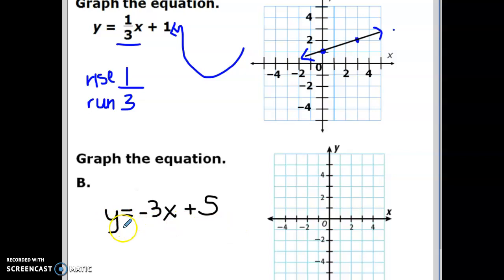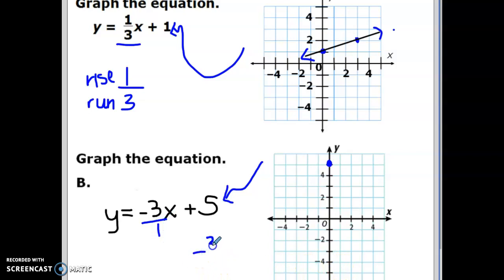Okay, next we have one where we have y equals negative 3x plus 5, and we're going to start here at the y-intercept, which is positive 5. So we go to the y-axis and put a dot at positive 5. And then I look at the slope and it looks kind of weird because it's not a fraction. So if my slope isn't a fraction, I'm going to make it into one by putting it over invisible 1.